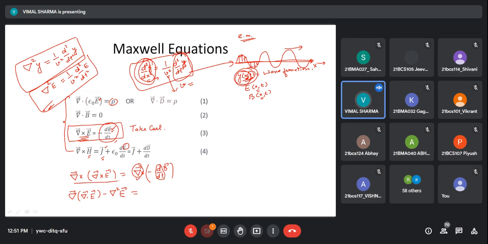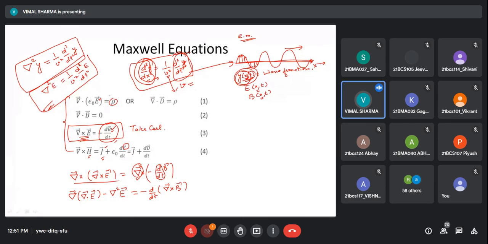This is the del operator and this is the d by dt operator. So I can operate with the del operator first on B, and then do d by dt of this.